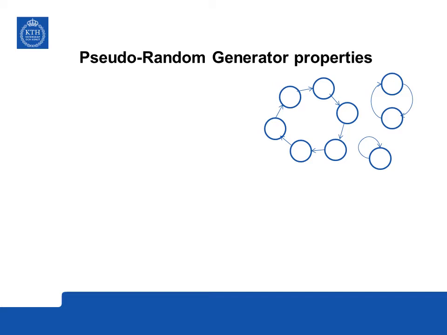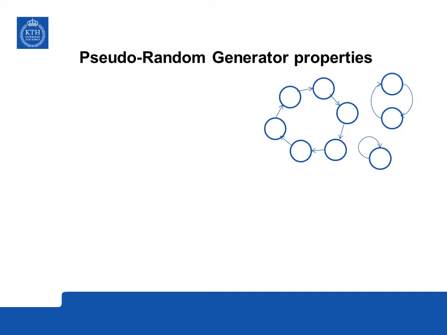the machine will run through these states, and it can do it in various ways. It can run in cycles of this type. It can run in several loops, and it can have a transient state that will stay for a while and then enter a stationary state, and there will be a number of loops in these random generators.